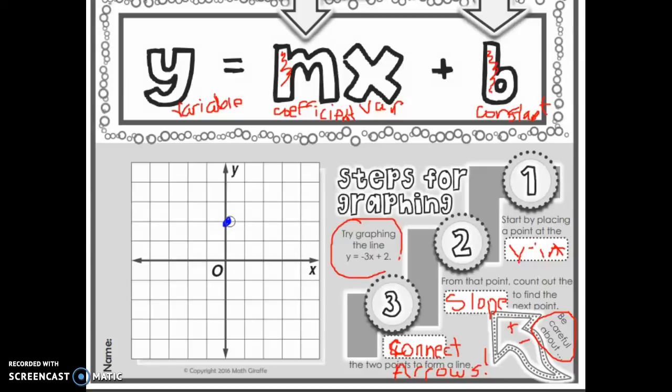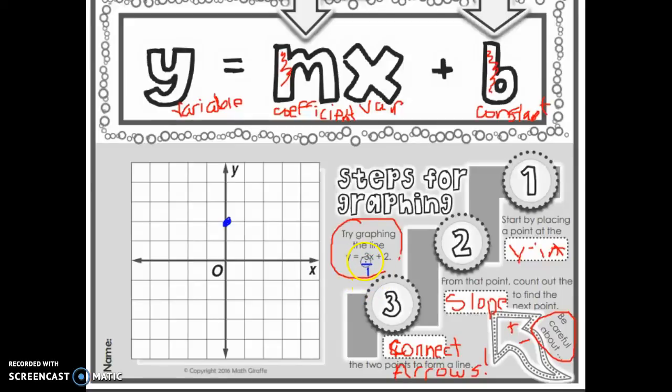Now it says count out the slope. The slope in this case is -3. If you're having trouble understanding what that means, -3 is the same thing as -3/1. Now we know the rise and the run.